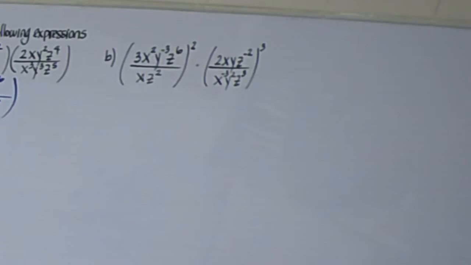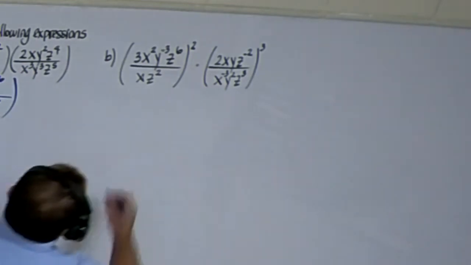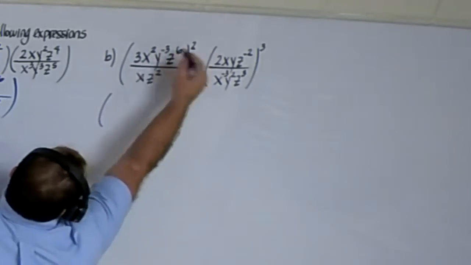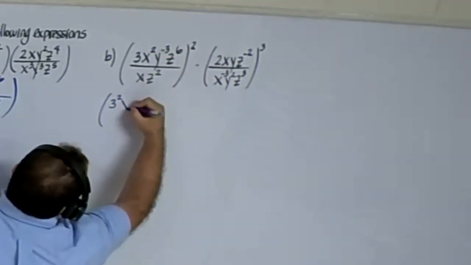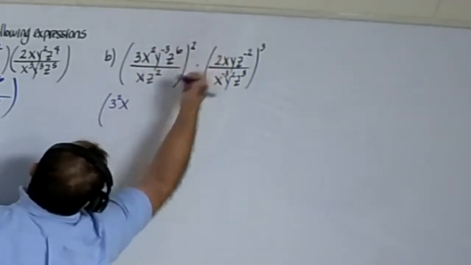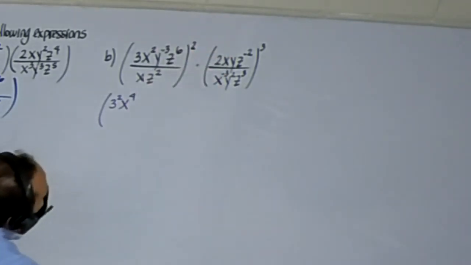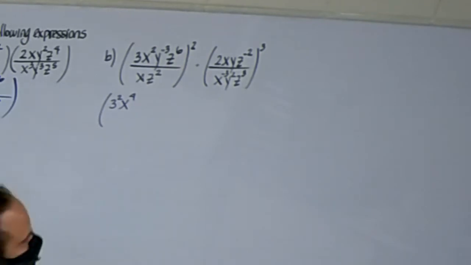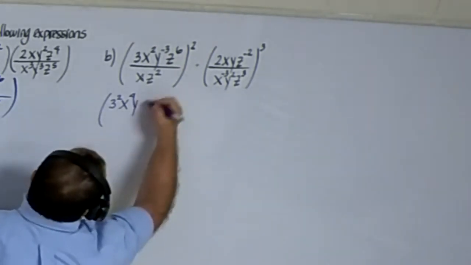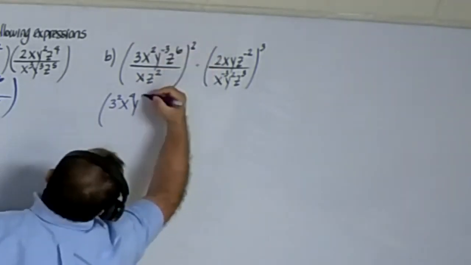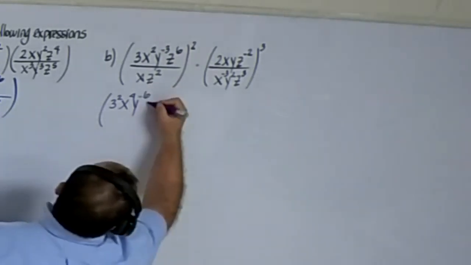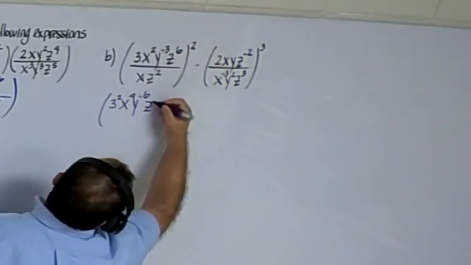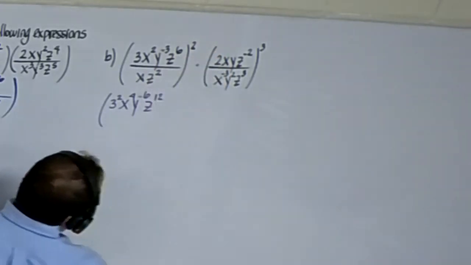I mean, you have to multiply, for example, 3 at the second power because the 3 had number 1 power. X: 2 times 2 will be 4. Y: negative 3 times 2 will be negative 6. And Z: 6 times 2 will be 12.